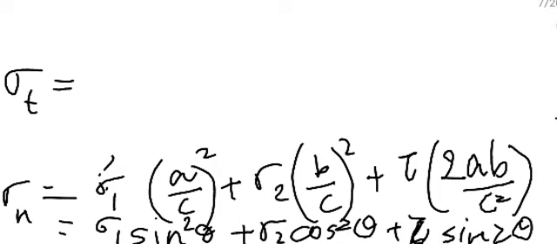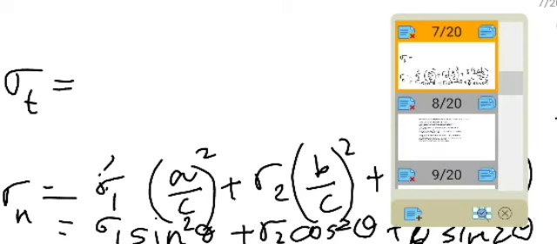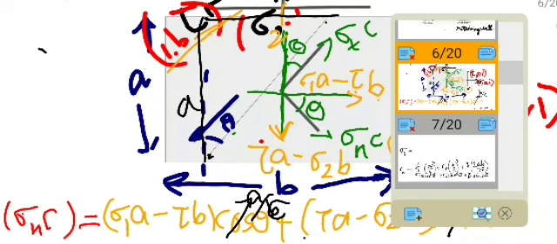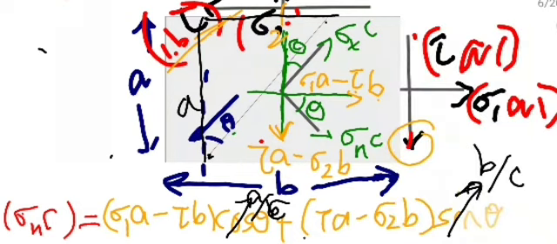When we are doing sigma t, see, we have sigma 1 a minus tau b, its component sin theta, and this one minus tau a minus sigma 2 b times cos theta.